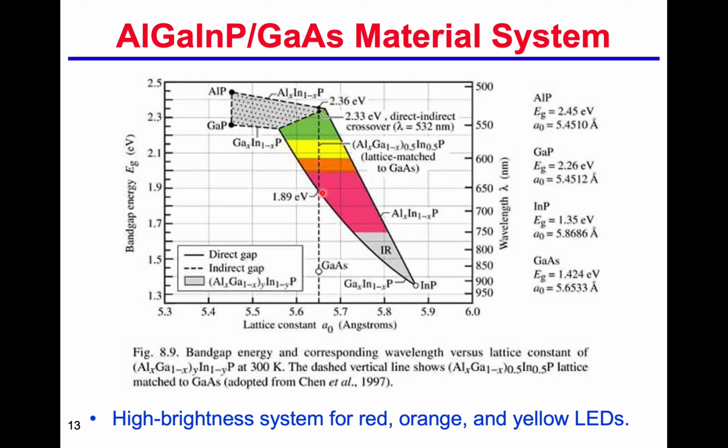So we can tune the aluminum, gallium, and indium ratio to achieve the red, orange, yellow, and green region, and lattice match to gallium arsenide to avoid the lattice mismatch and avoid defect formation, and to obtain better quality epitaxial growth, so that we can achieve high brightness and high efficiency long wavelengths, because we can cover only the long wavelength LEDs.